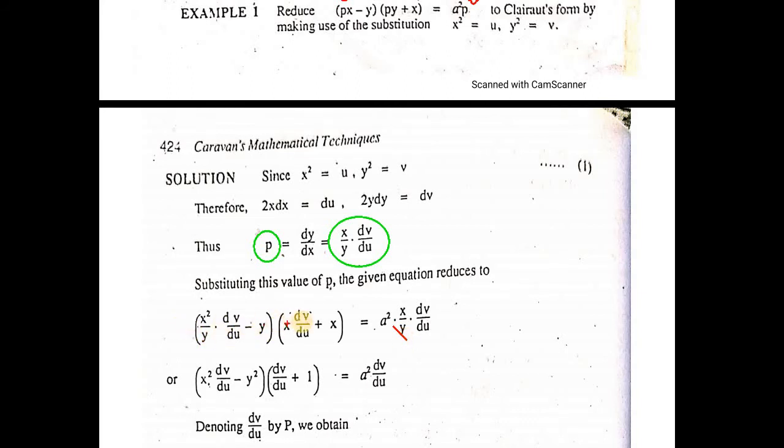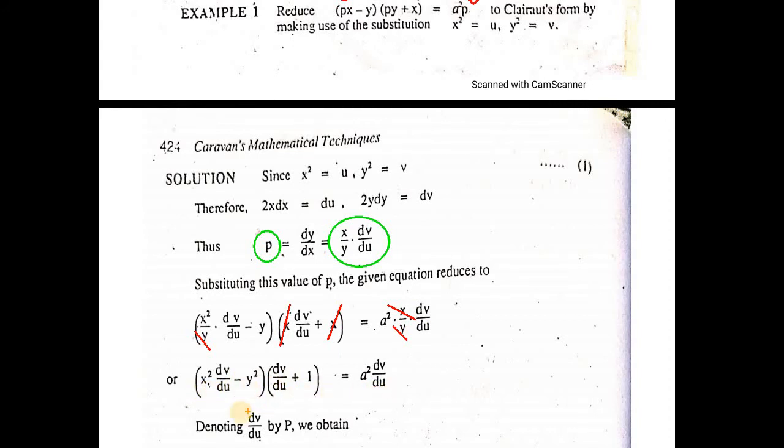Similarly, on the left side this y will be cancelled, and this y will become y square. Similarly, if we take x common here, then the common x will be cancelled with this x, and we will get this differential equation.